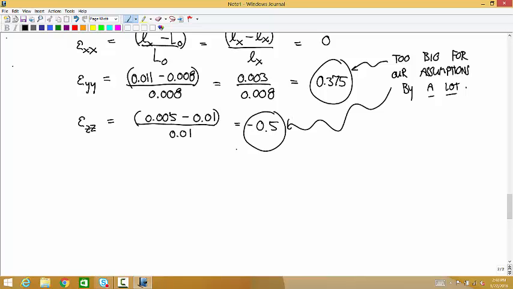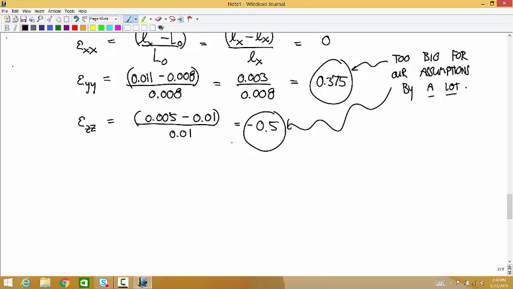Would it have broken by that point, or do things act differently? Yes, the kind of materials that we're dealing with would have broken long before that. And any material that didn't break before that would not be behaving linearly anymore.